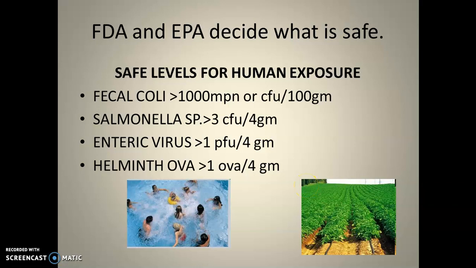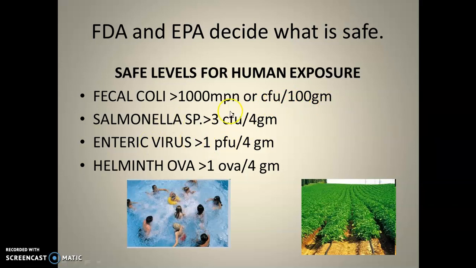So fecal coliform, this is an indicator of if there's feces, not just human feces, it could be animal feces, potentially contaminating water sources. Safe levels of human exposure are something that's less than 1,000, and this CFU right here is colony forming units per 100 grams of water.